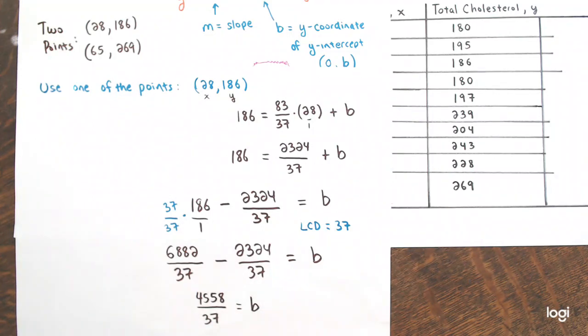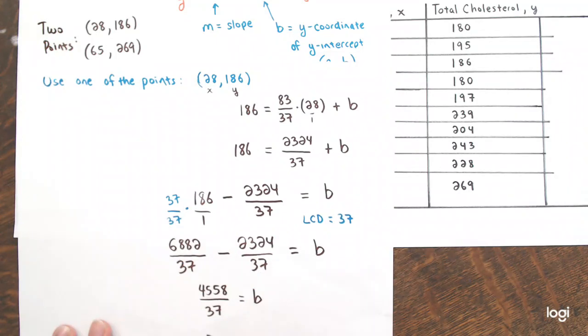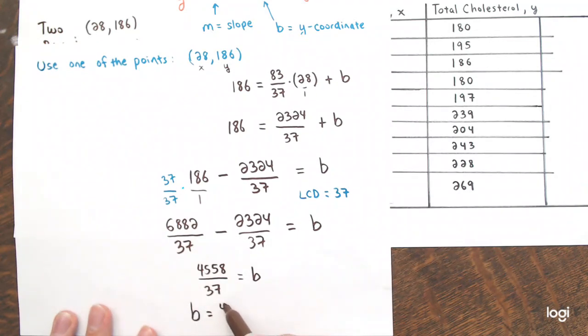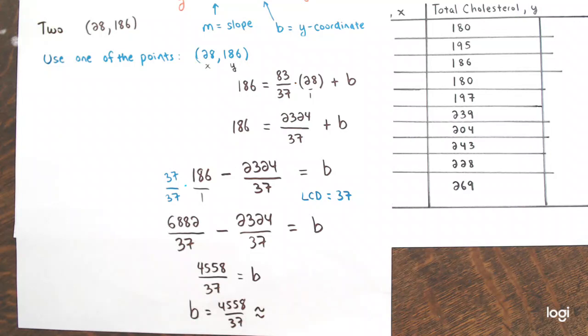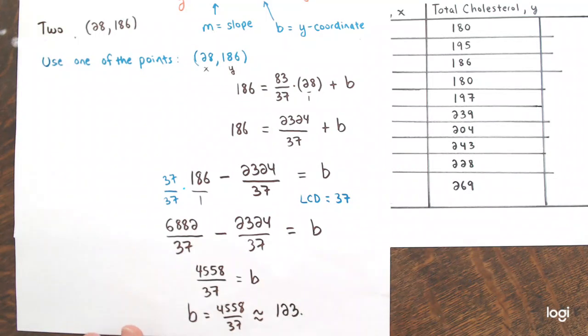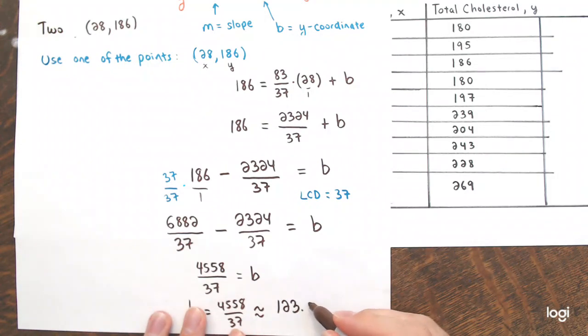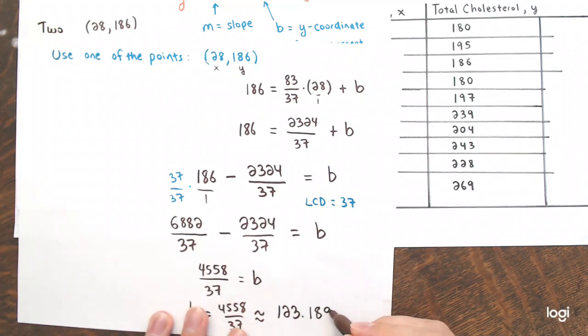And I'll punch this in and we'll get an approximation. So the value of b is 4,558 over 37, which is approximately, and I'll enter this in my calculator, 4,558 divided by 37 is about 123.189, and then a 1 after that.